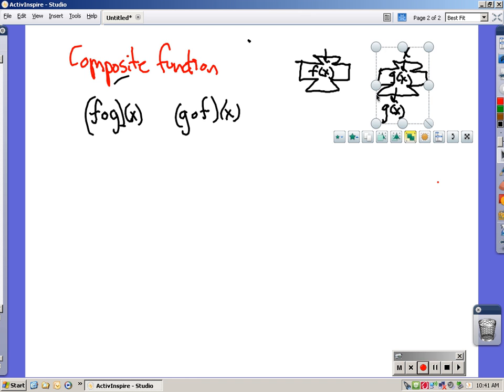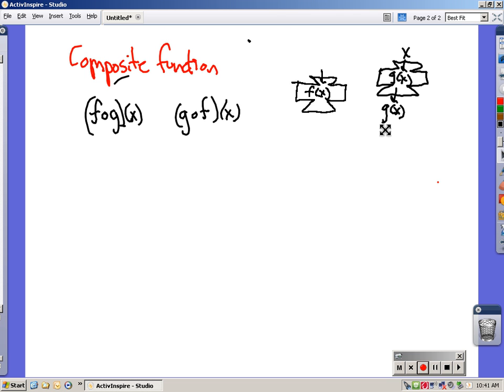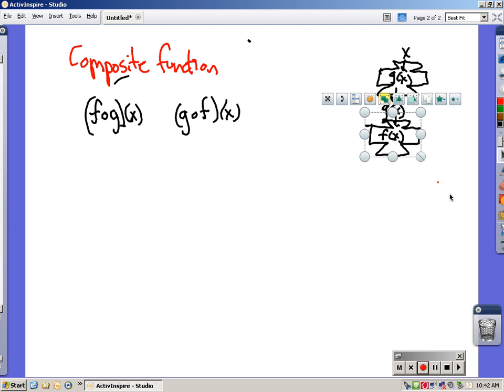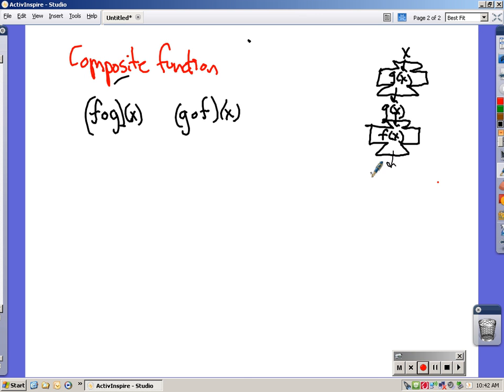So x goes into g, the answer from that goes into f, and out pops the answer, which is f of g of x. Look at that, I changed the thickness of the line. So how do we just kind of make this happen?